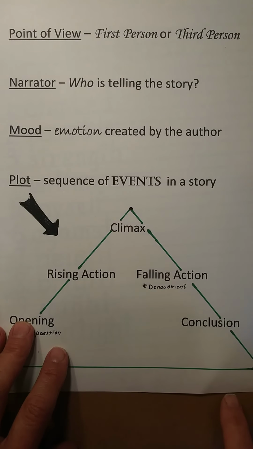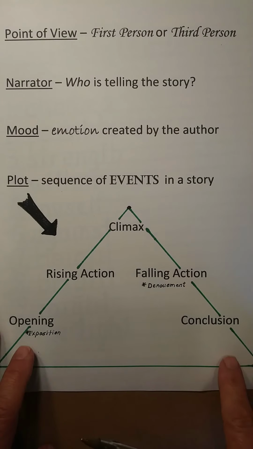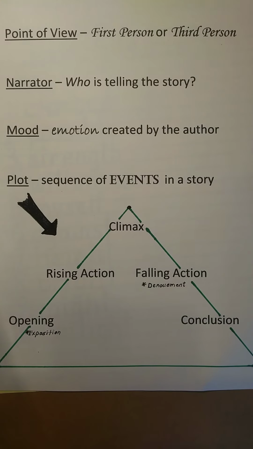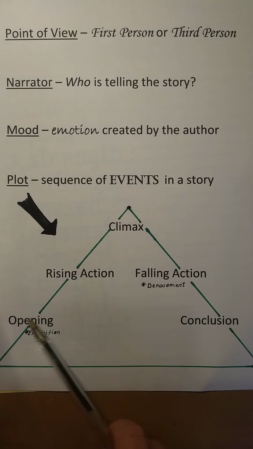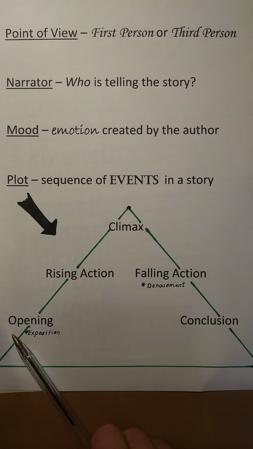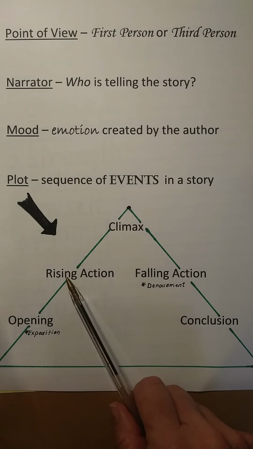So, we could almost start a plot chart of The Horse and His Boy. What would be the opening or exposition or setting of The Horse and His Boy? Okay? It's in Calormen, right? The country of Calormen. And Shasta meets Bree, the war horse, and they start traveling to Narnia in the north, right?